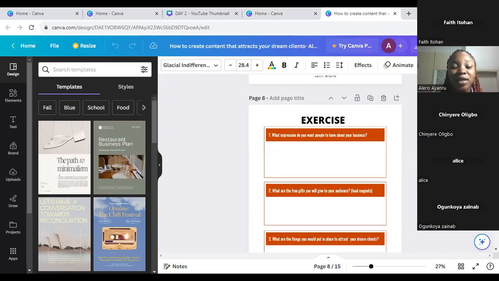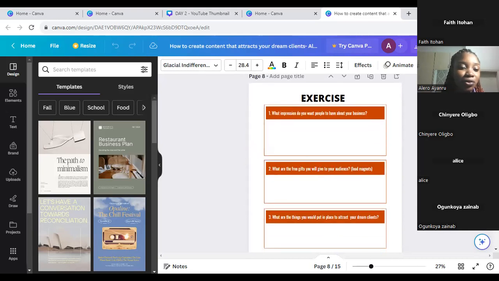So I told you earlier that online people judge you. And this is why I said yesterday everybody should screenshot their current pages. I want to see how it is, because I was going to share a video that will show you how to revamp the look of your page.